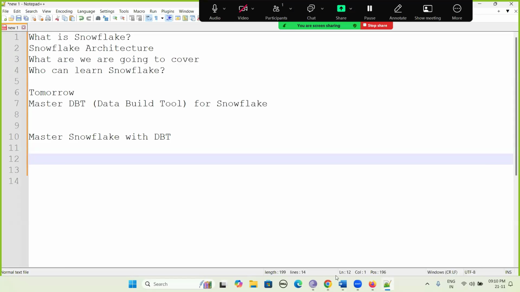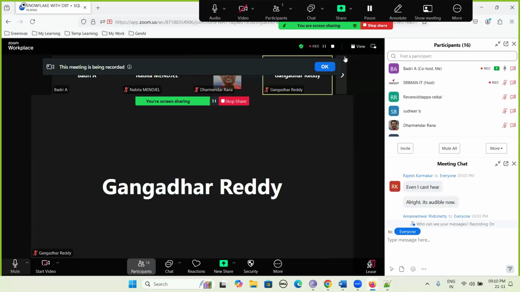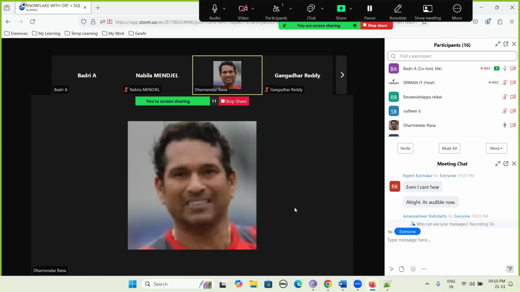Before we start Snowflake, do you have any idea about Snowflake? Cloud data warehouse. Yes, perfect. Rana is saying it's a cloud data warehouse.